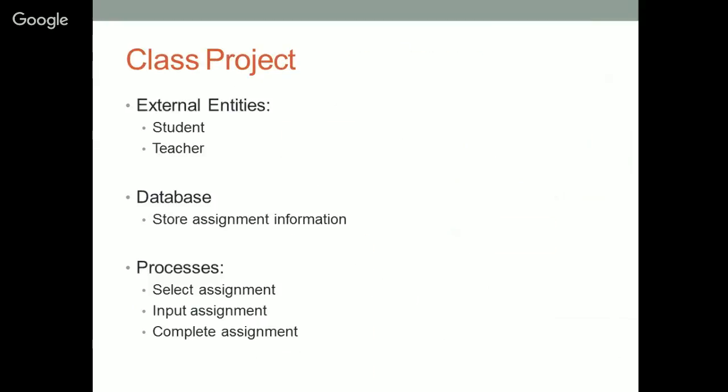All right, and how we could use this for our class project. With the assignment tracker, we could use a data flow diagram to do a basic overview of all the processes and how data is flowing within our system. Our external entities could be things like the student and teacher, because those are the inputs and outputs of our system.